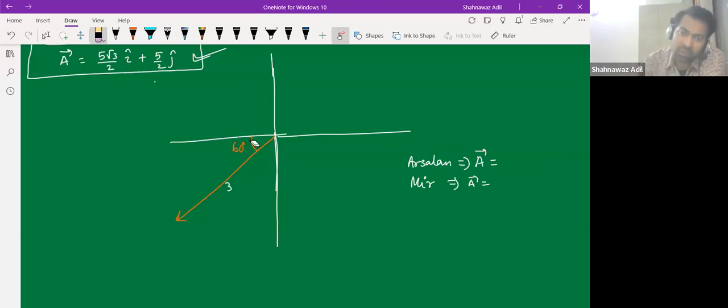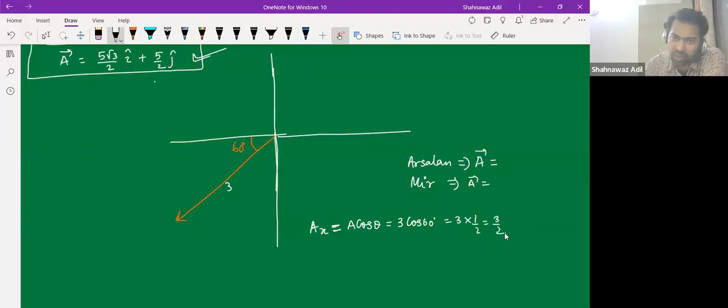So you tell me what would be the X component? X would be A cos theta, that is the X component, right? So 3 cos 60, so 3 into half, so 3 by 2, right?